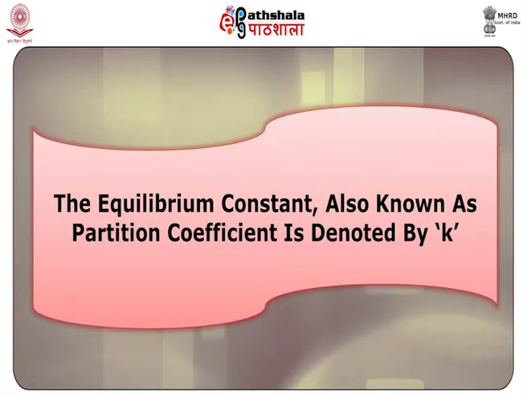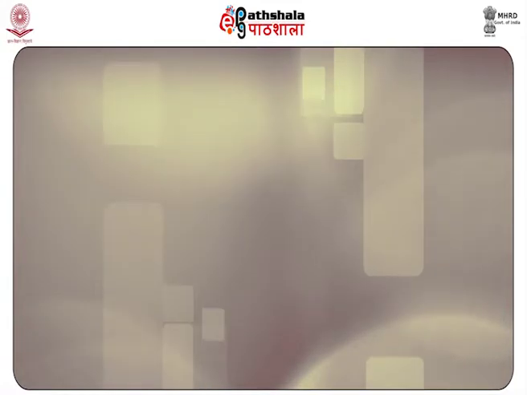The equilibrium constant, which is also known as partition coefficient, denoted by K, is defined as the analyte's molar concentration in stationary phase divided by the analyte's molar concentration in mobile phase.